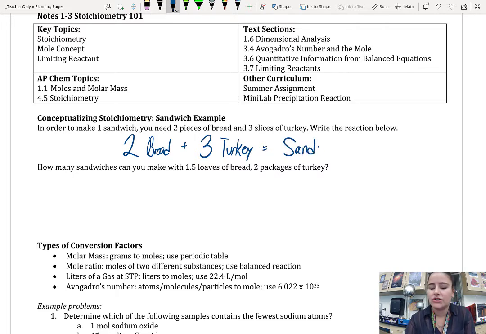And just like in chemistry, we don't write the 1s as coefficients, so I'm not going to write the 1 there. Let's go ahead and abbreviate these so that we can do that. I'll use B for bread, TU for turkey, and we'll do SA for sandwiches so that it looks a little bit more like a chemical reaction.